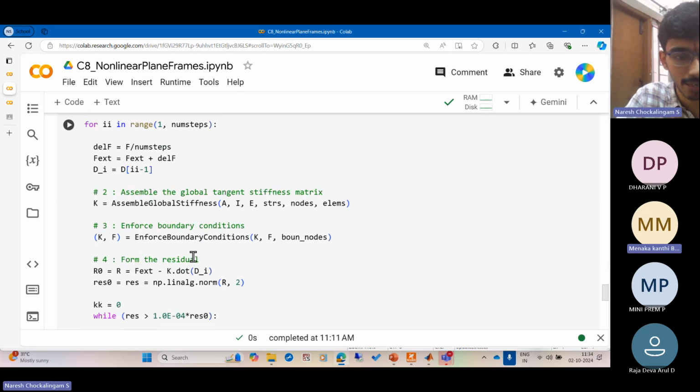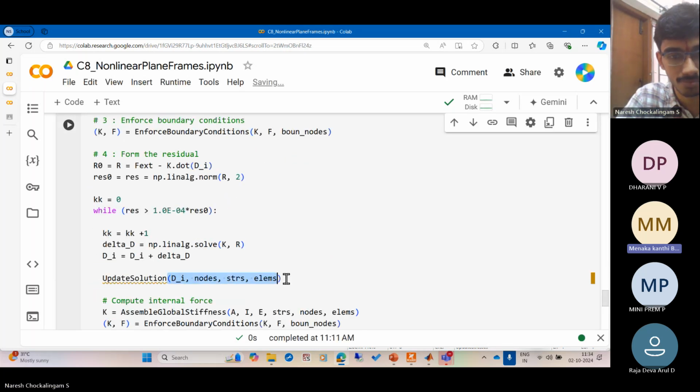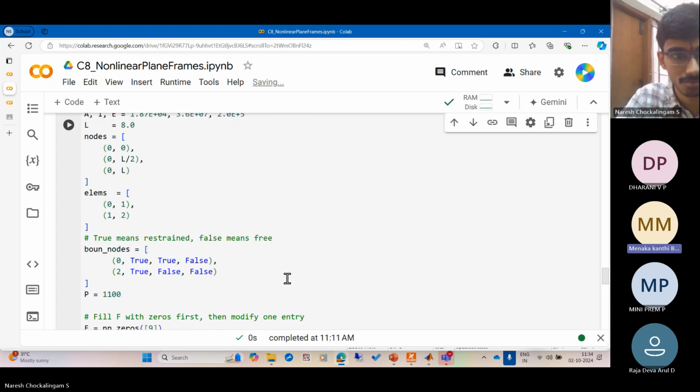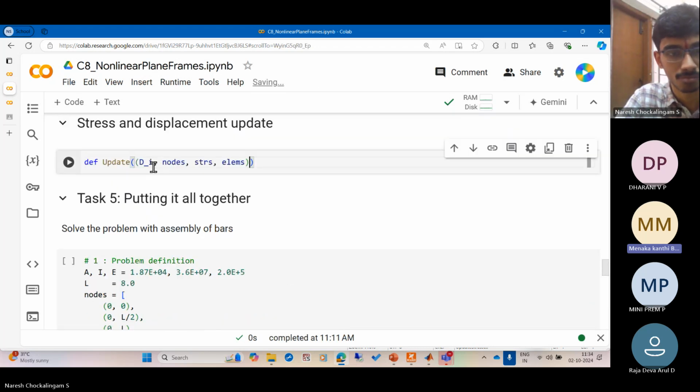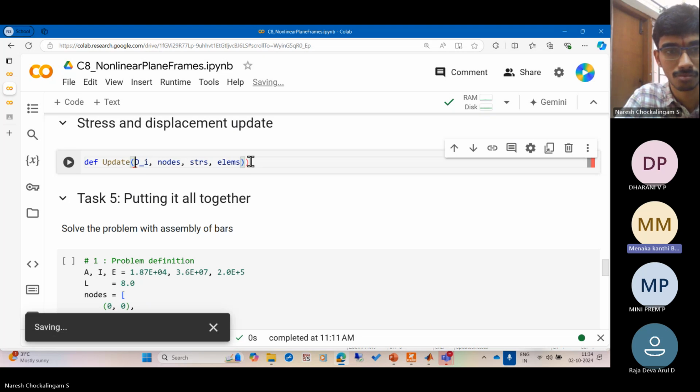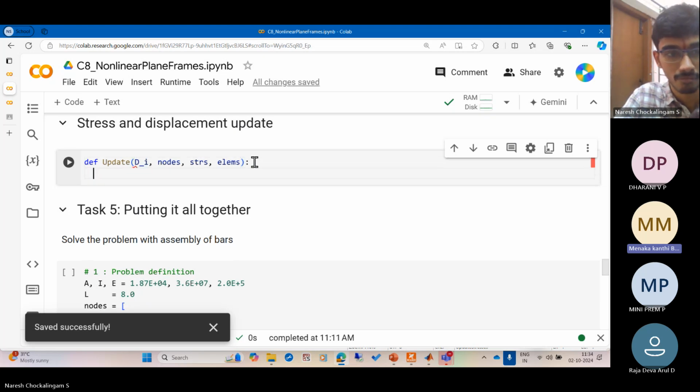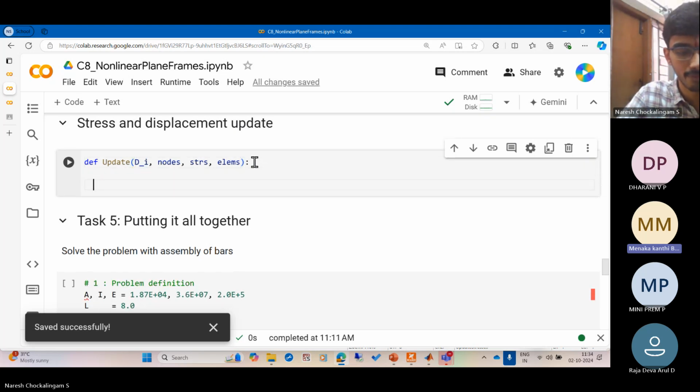What is it? Update with these. Okay, so first let us update the displacements. Update nodal positions.